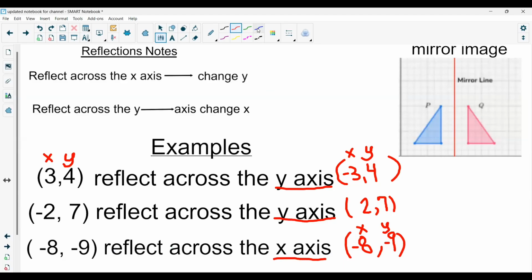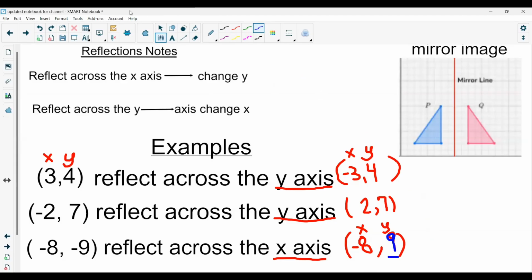So if we're reflecting across the X, what do you think we're going to change? Right, our Y. So right now our Y is -9. What's the opposite of -9? +9. Okay, too easy. We are done. The new answers are all right here. That's a +9, guys. Okay, hopefully this makes sense.